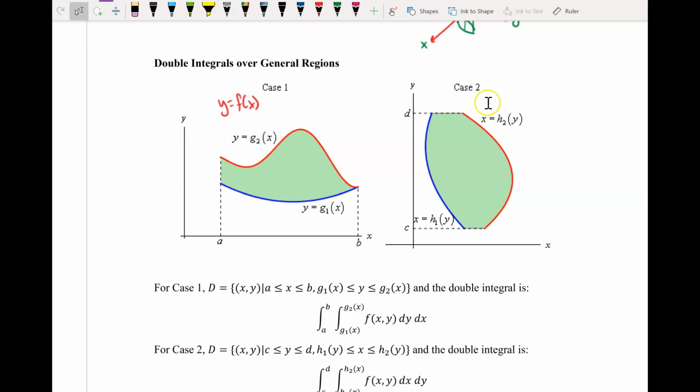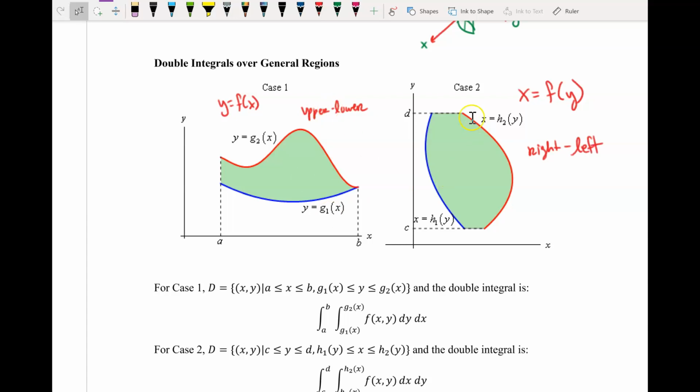You can also have case 2, where maybe you have some sort of conic. Here you have x as a function of y, so something a little bit different. Where case 1 was the upper minus the lower, in this case it would be the right minus the left.